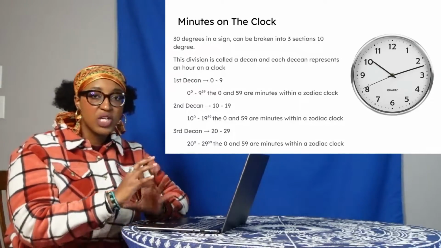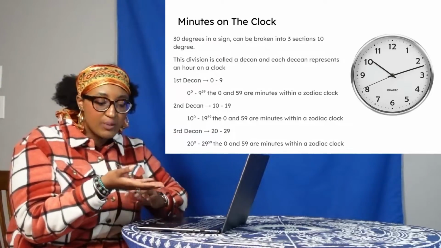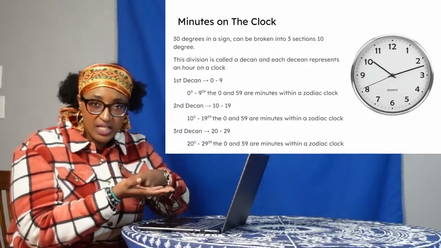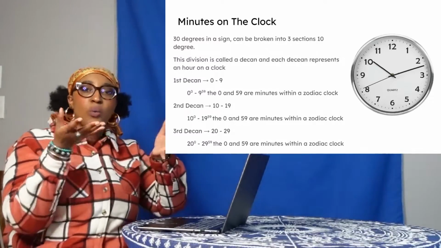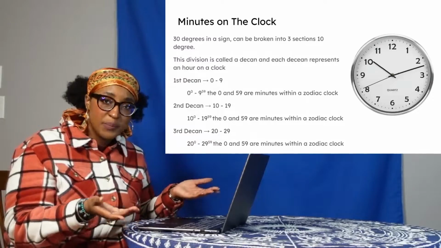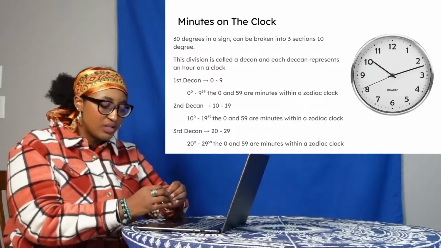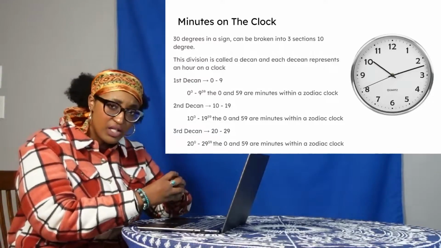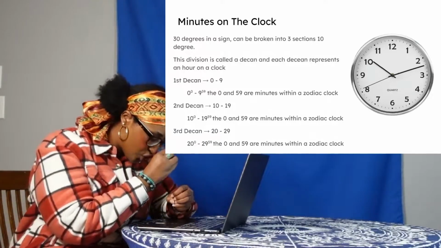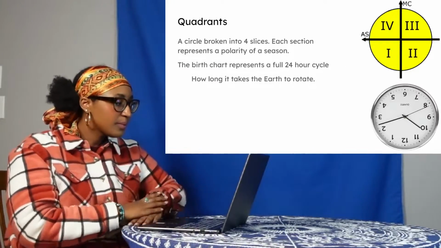So that's why you can look at them differently. Do you want to look at where this planet was at this specific minute of a specific day? Or do you want to look at where this planet was on a specific day of the month of the year? You see the difference? That's what the degree is. And then the minute is taking it to the very atomic level where you're looking at it extremely small and intricate and in more detail.